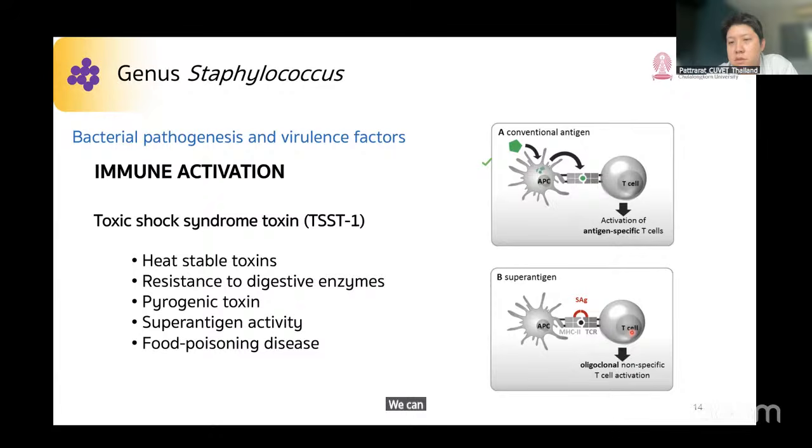We can say this is the cytokine storm that promotes systemic inflammation. So the bacteria or the toxins contaminate food, and this is a cause of food poisoning of public health importance.